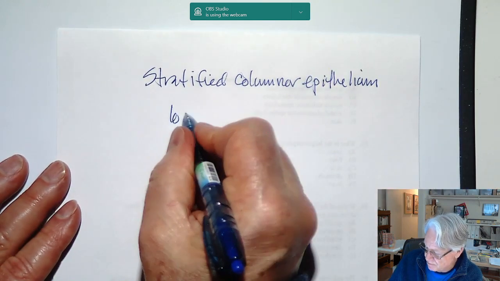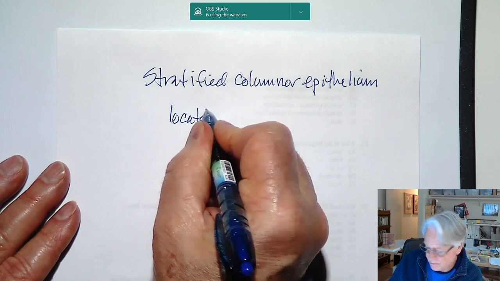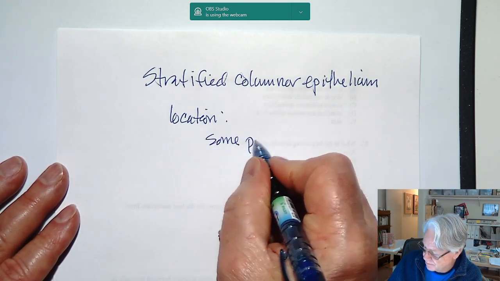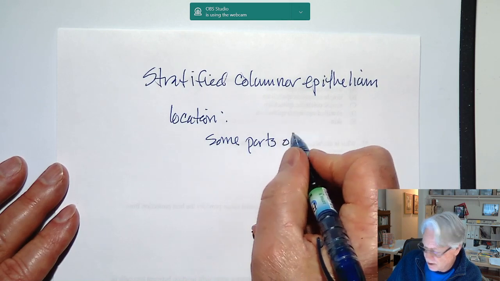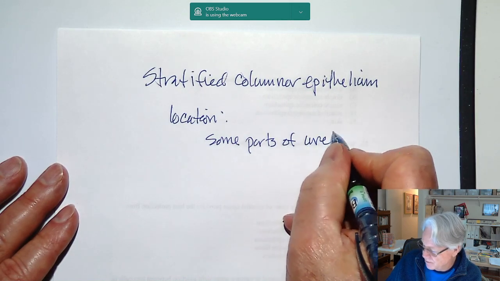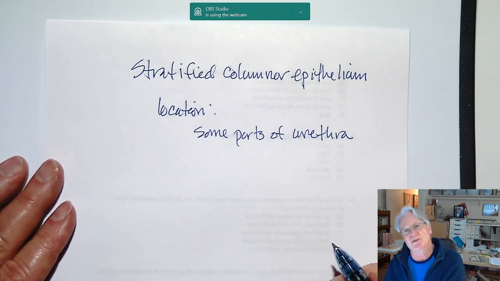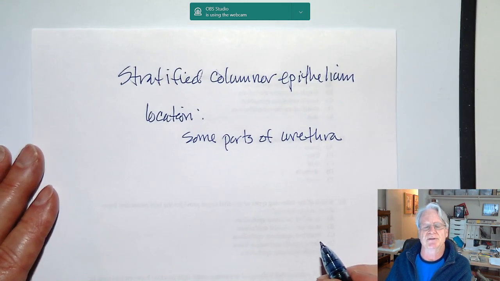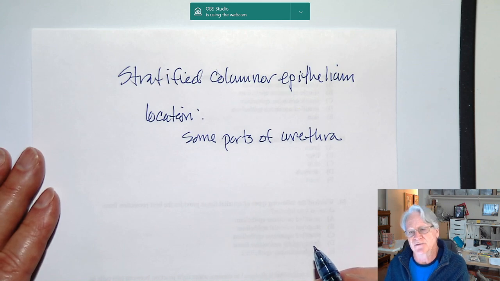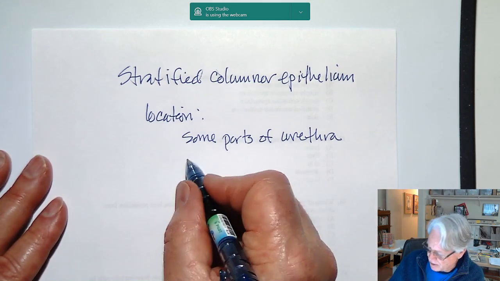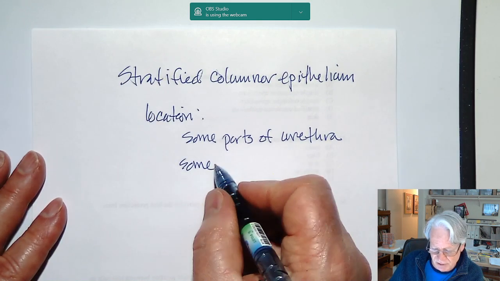So location, some parts of the urethra, and I do mention that when we talk about how the urethra is formed or produced, the structure of the urethra in 40C, but it's just a mention, I don't cover it in any kind of detail whatsoever.